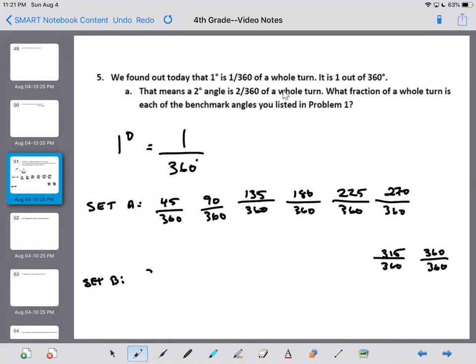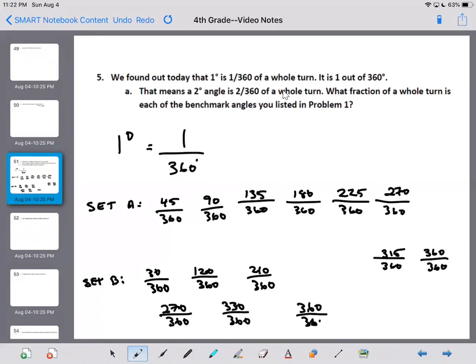We had 30 out of 360, 60 out of 360, 90 out of 360, 120 out of 360, 150, 180, we had 210 out of 360, 240, 270 out of 360, we had 300, 330 out of 360, and then of course we ended with 360 out of 360, which is equal to 1, which is that entire turn.